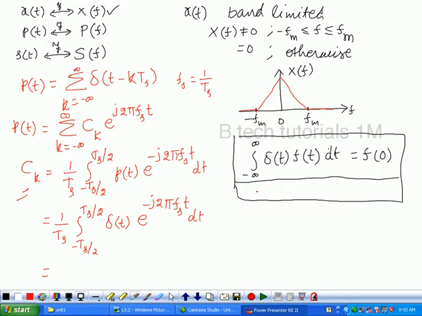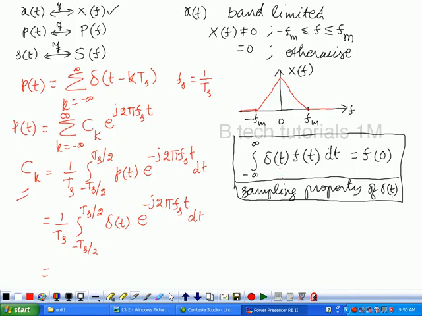What do we call this property? The sampling property of delta of t. It's not the sampling theorem. The sampling property of the impulse function.